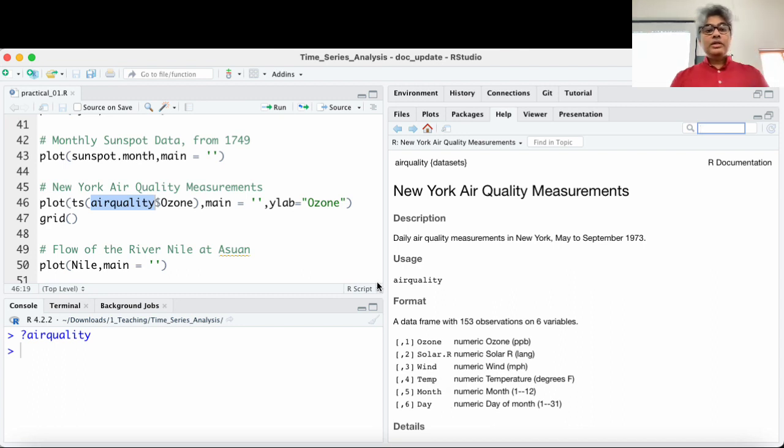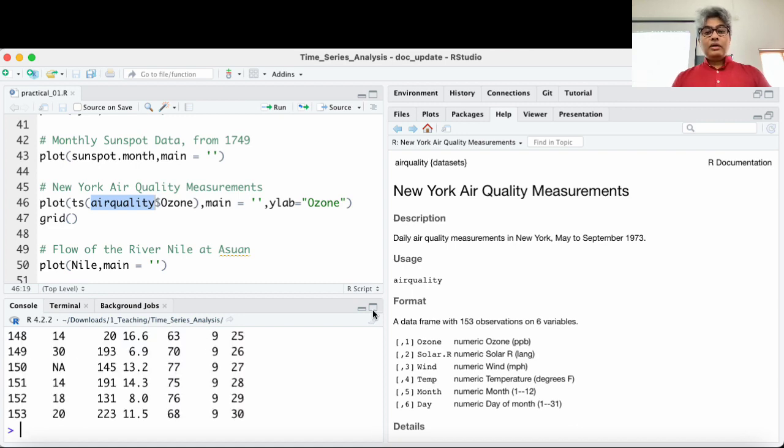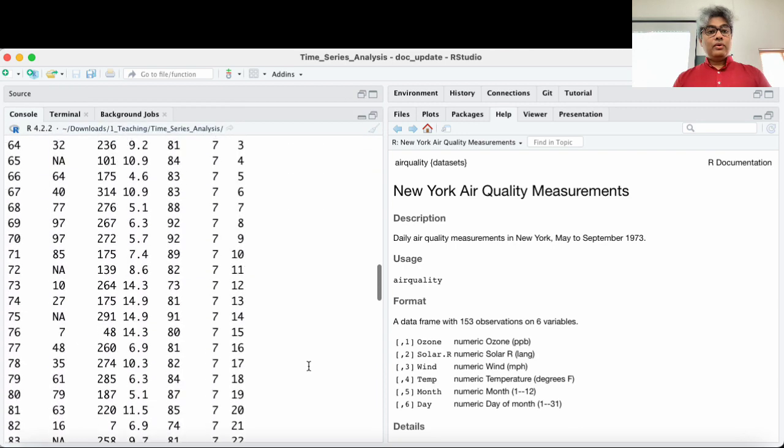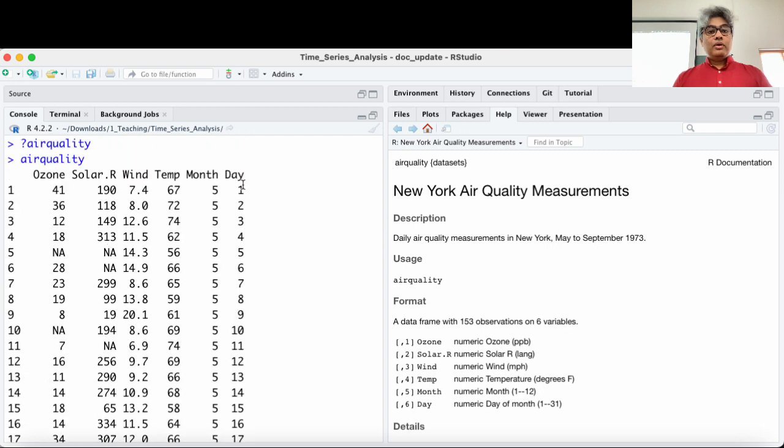Month and day is there, and every month, every day you have all these observations. 4 observations are being observed. So it's multivariate time series data. At a given time point, you are not observing one particular variable, you are observing 4 variables.